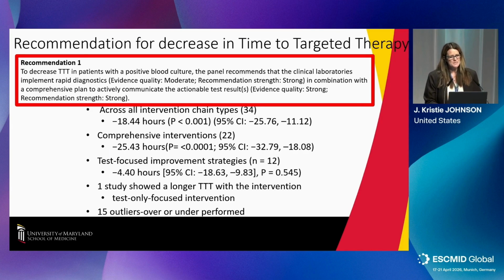We had 1 recommendation for decreased time to targeted therapy. So the panel recommended that clinical laboratories implement rapid diagnostics and that it be in combination with a comprehensive plan to actively communicate these actionable results.